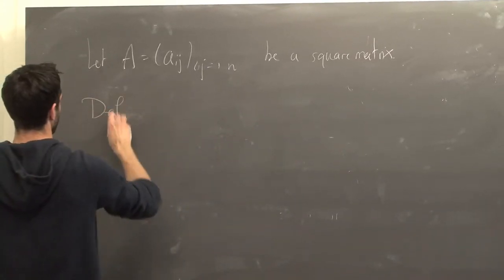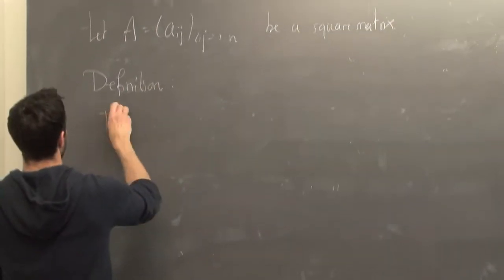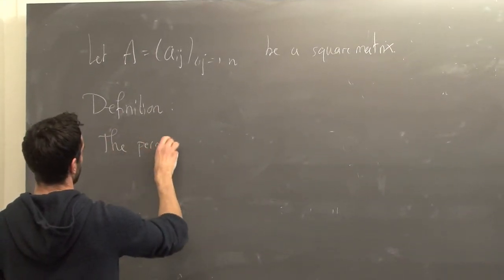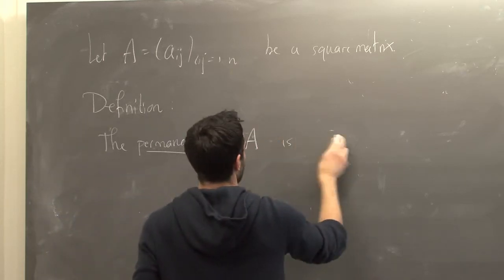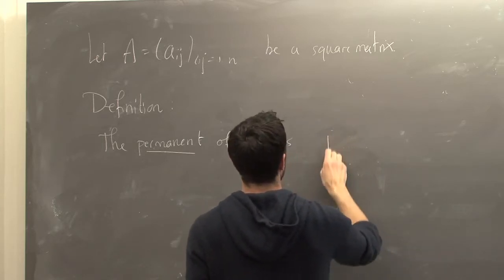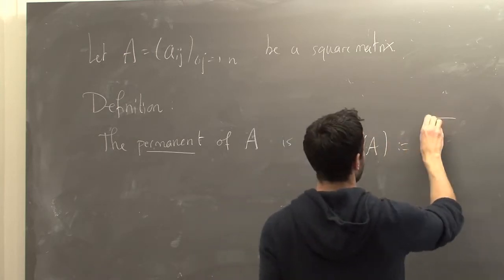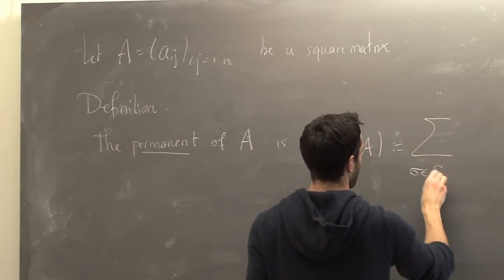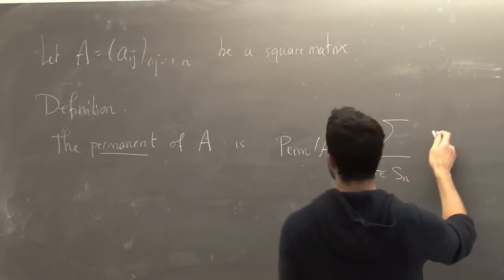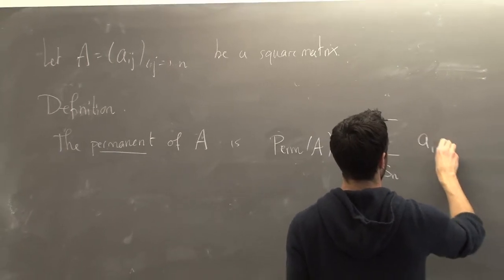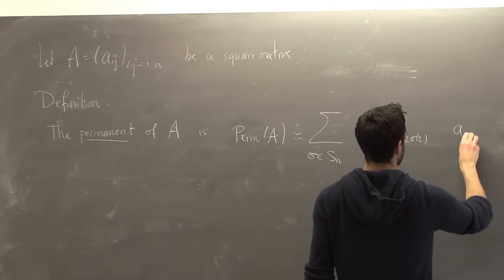Definition. The permanent of A is defined as the sum over all permutations sigma of A_{1,sigma(1)}, A_{2,sigma(2)}, ..., A_{n,sigma(n)}.